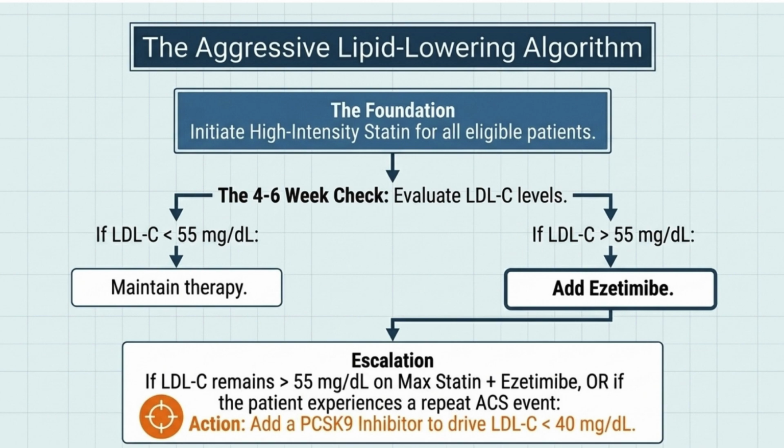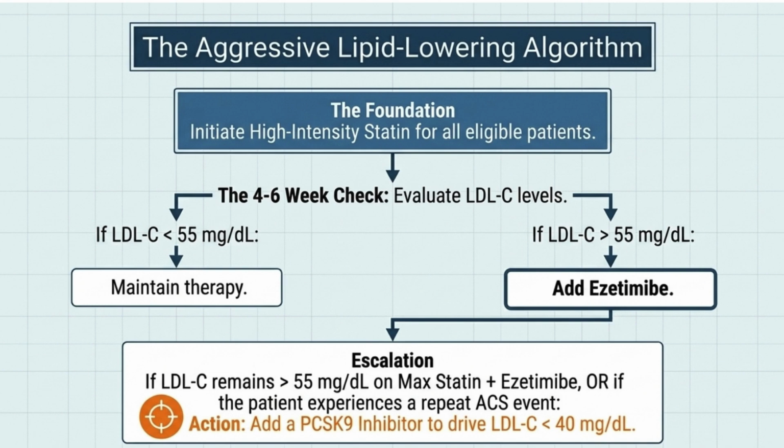First, introduce ezetimibe 10 mg daily, which blocks cholesterol absorption at the brush border. If the LDL cholesterol still remains above 55 mg per deciliter, add a PCSK9 inhibitor, such as evolocumab or alirocumab.